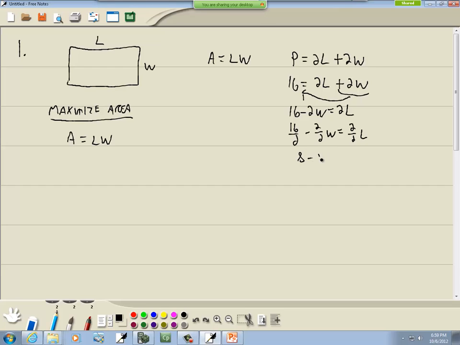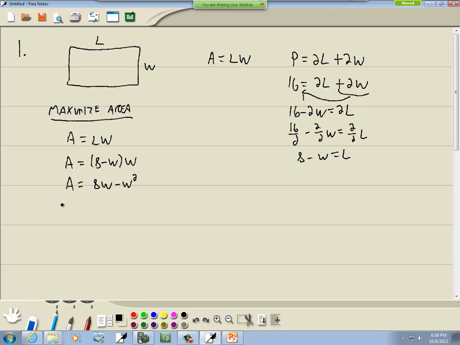And we get 8 minus W is equal to L. So we can replace the L over here with 8 minus W. And let me go ahead and multiply that through. W times 8 is 8W. W times negative W is negative W squared. Now everything's in terms of one variable.